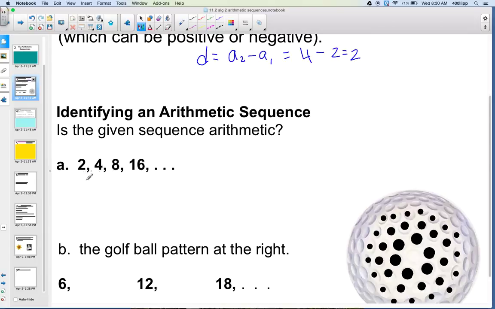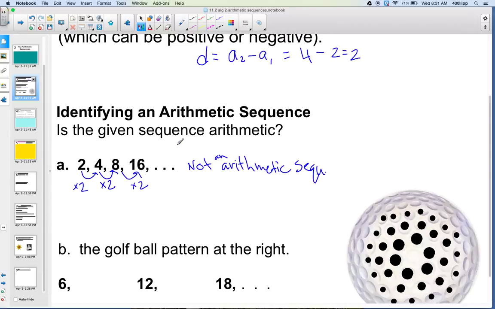So here we're not adding the same number every time. What we're doing is multiplying by 2 every time. 2 times 2 is 4, 4 times 2 is 8, 8 times 2 is 16. So this is not an arithmetic sequence.